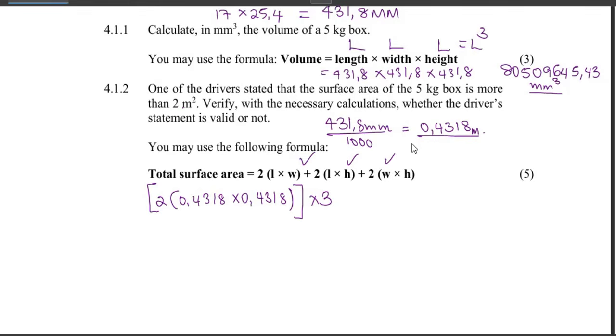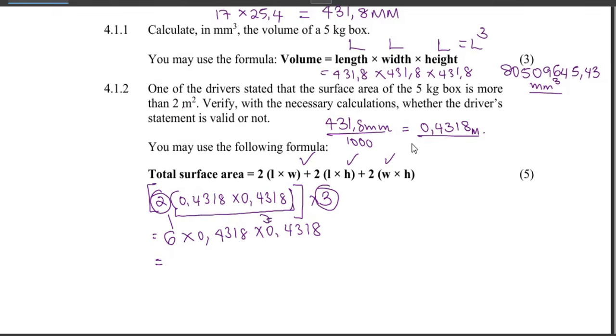In other words, the same as me having 6 times 0,4318 times 0,4318. The 6 I'm getting from 2 times 3. That's where I get the 6 from. Then this other one here remained.